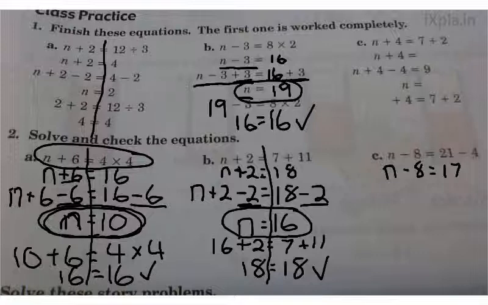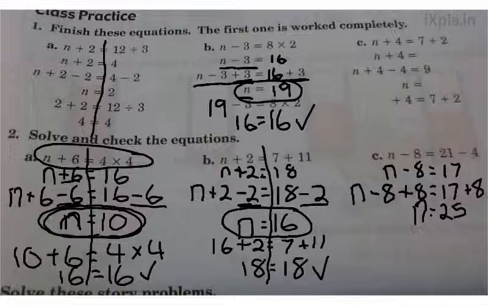So n minus 8 plus 8 equals 17 plus 8. Okay, n minus 8 plus 8 equals n. Sorry about my funny n here. 17 plus 8 equals 25.